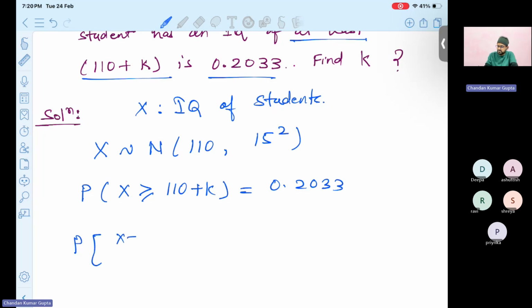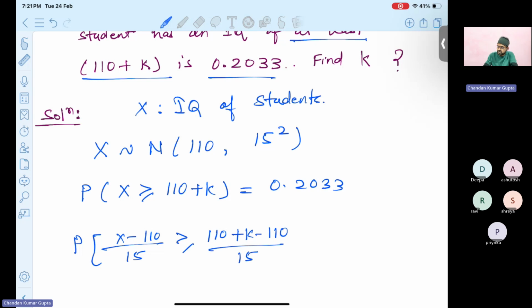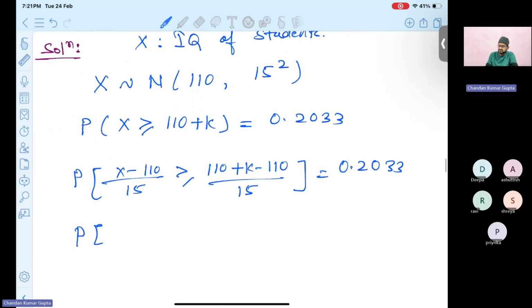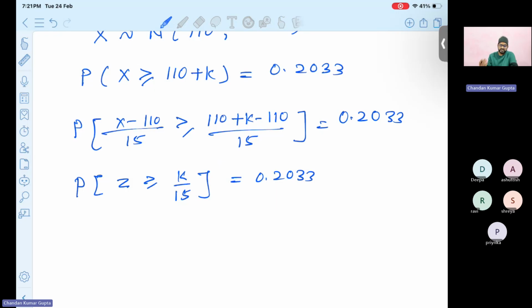The probability that x minus 110 divided by 15 is greater than or equal to 110 plus k minus 110 divided by 15 is 0.2033. So z is greater than or equal to, 110 is cancelled out, k upon 15, which comes out to be 0.2033.